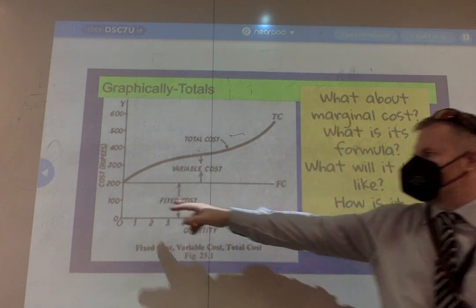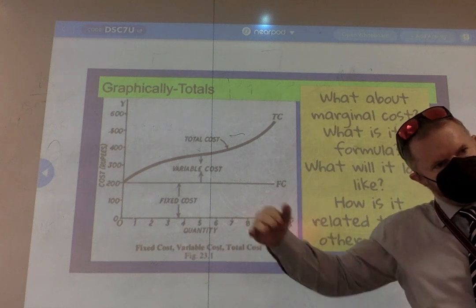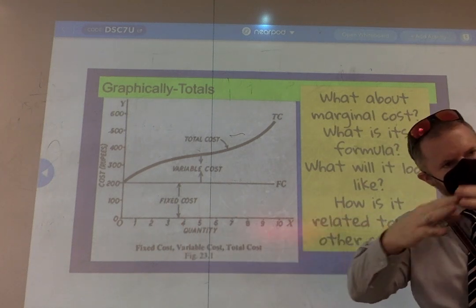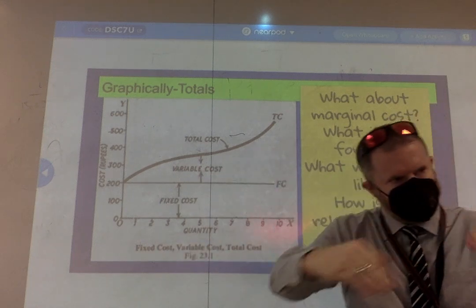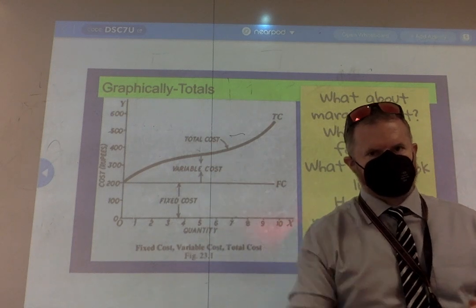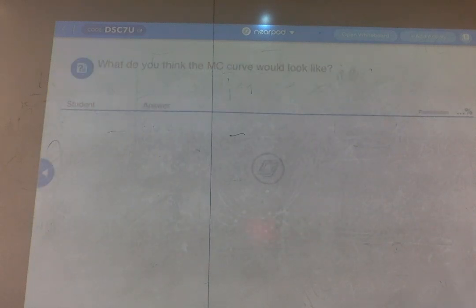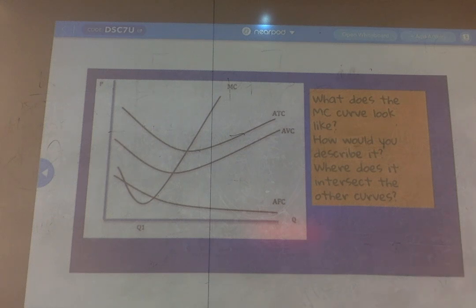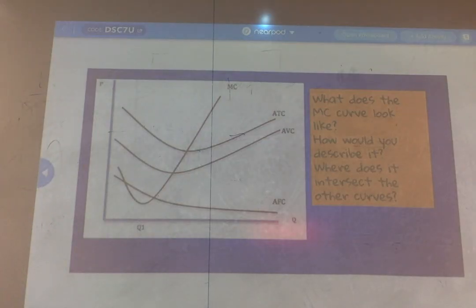So it's going to initially start up, then it's going to decline as your fixed costs are spread over a greater quantity, like the average fixed cost, and then because your variable cost is increasing, it then increases. Ta-da! Costs.